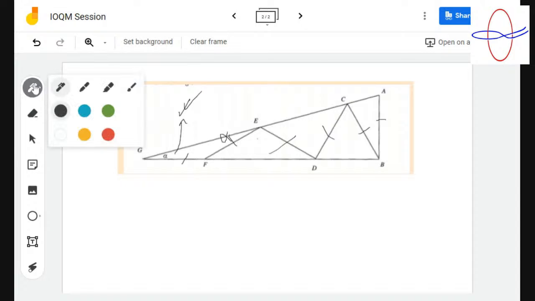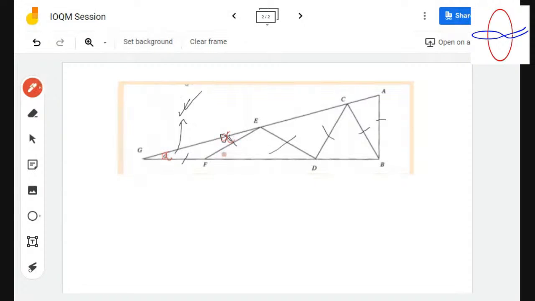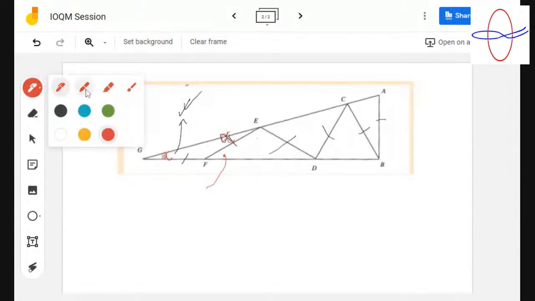If this is also alpha, then what is this angle? Can you tell me? Tell me, guys.